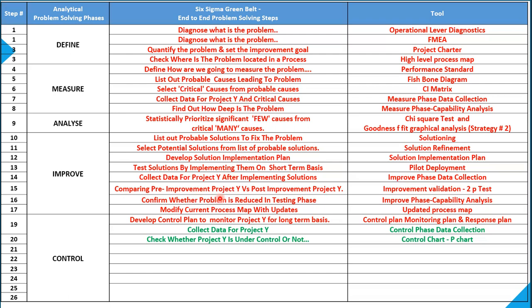So we are going to have a control plan which comprises a monitoring plan and a response plan. With the help of these two documents, we are going to monitor Y and X, and ensure that solutions are properly implemented in the operations, right?